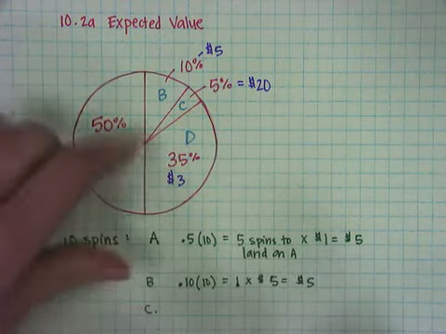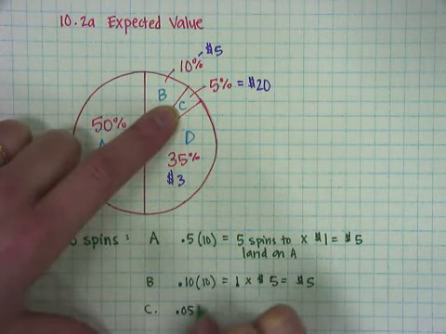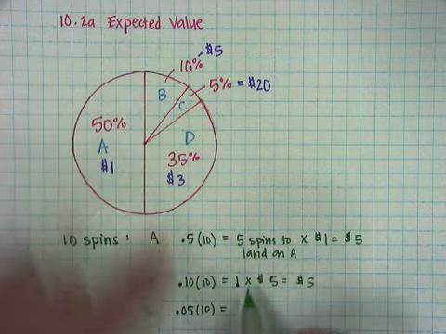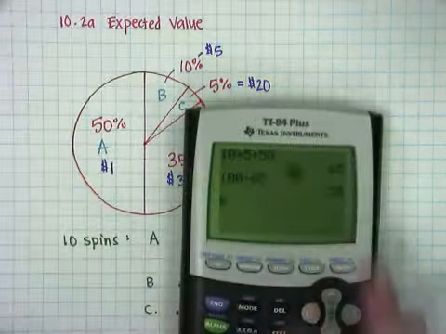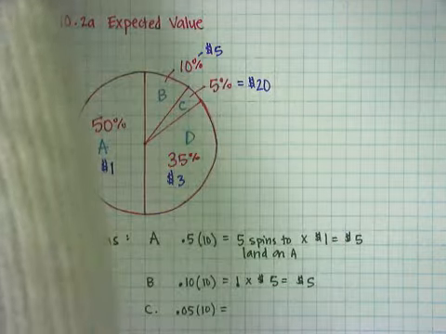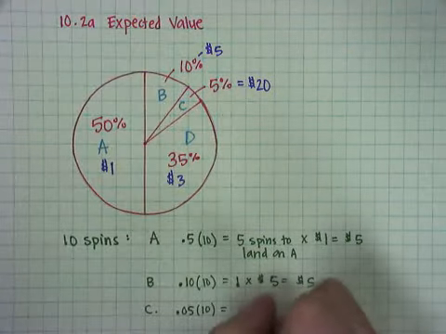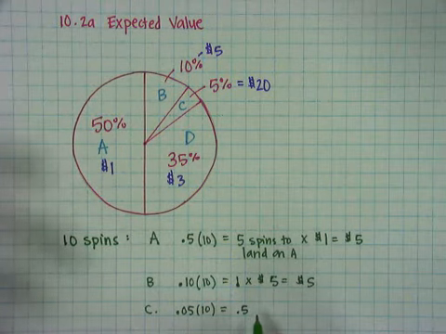And they end up being the same expected value. Now, on region C, I only expect it to land there 5% of the time, or 0.05 times 10, which means I don't even expect it to land once. 5% of 10, if I did it on my calculator, 0.05 times 10, I only expect it to land there half of a time, which I know isn't realistic for 10 spins, but it would be for more.